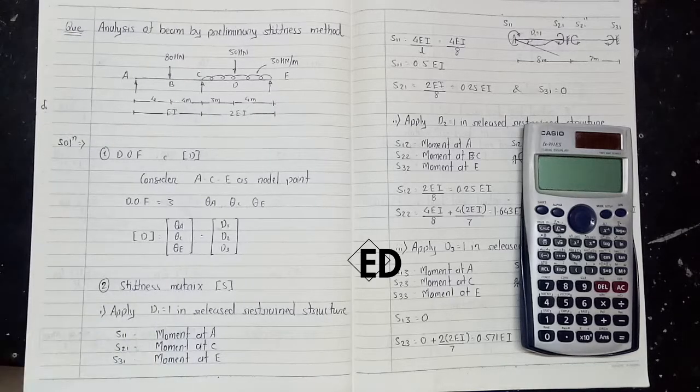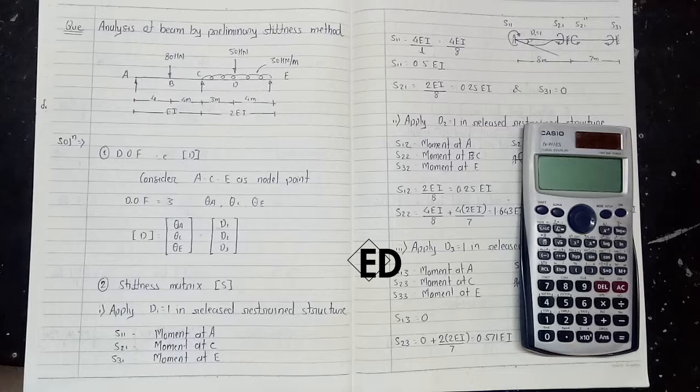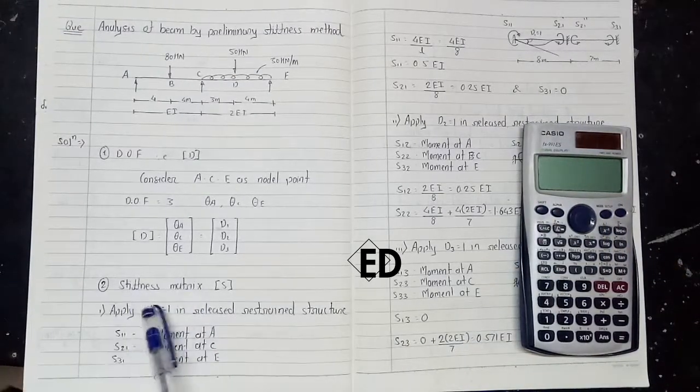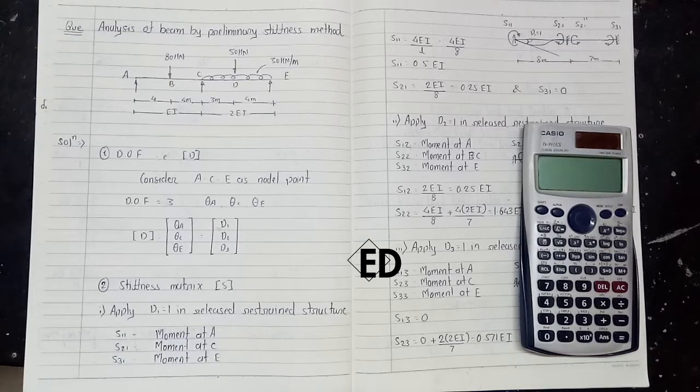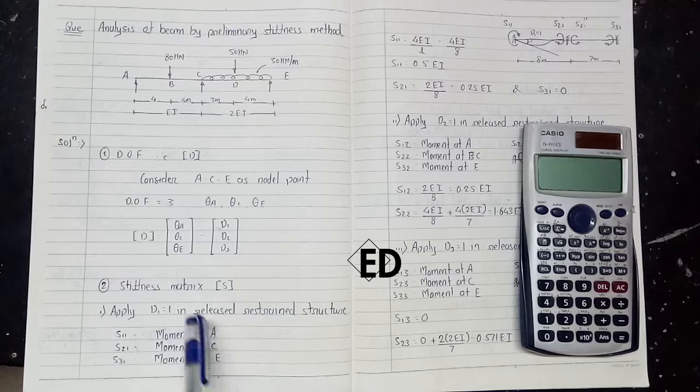That's why we apply the unit deflection, that is D1 equals 1, in the restrained structure, and we are able to calculate the stiffness at A. So I represent here S11, S21 and S31 as the moment at A, the moment at C and the moment at E due to unit deflection at A.